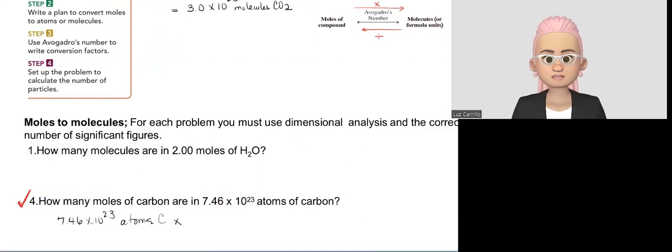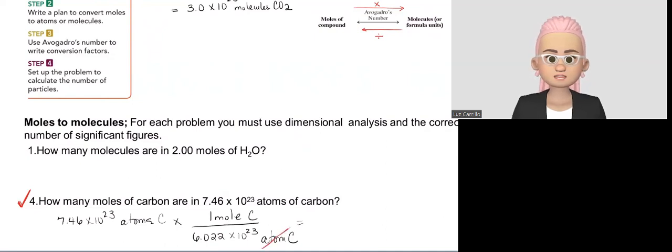And then to get to moles of carbon, what we're going to do is divide by Avogadro's number, 6.022 times 10 to the 23rd atoms of carbon, and that equals 1 mole of carbon. When I cancel my units, atoms of carbon will cancel with atoms of carbon. So overall, my result is going to be in units of moles of carbon.